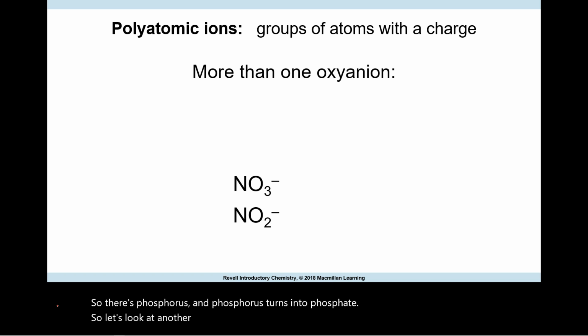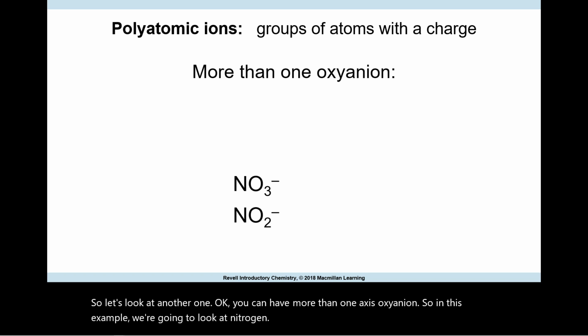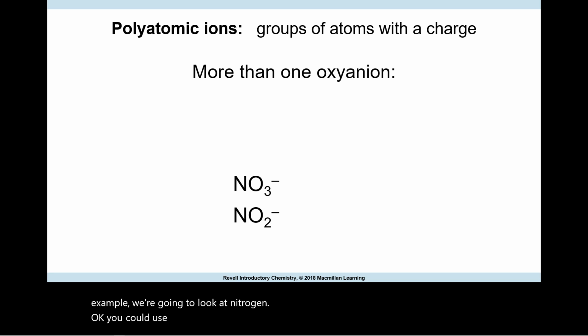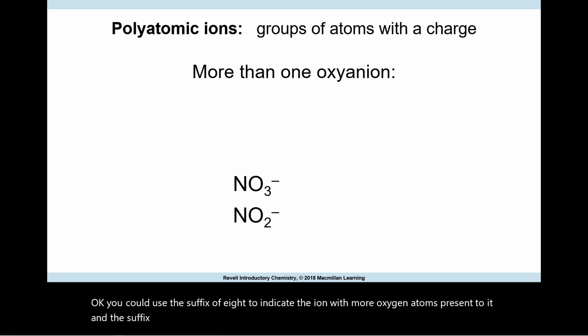You can have more than one oxyanion. So in this example, we're going to look at nitrogen. You could use the suffix ate to indicate the ion with more oxygen atoms present, and the suffix ite to indicate the ion with fewer oxygens present in it. What does that mean? Actually, this is how I remember it.